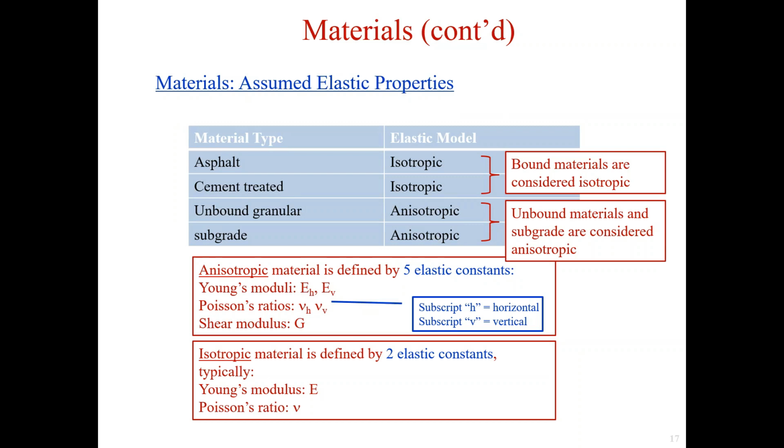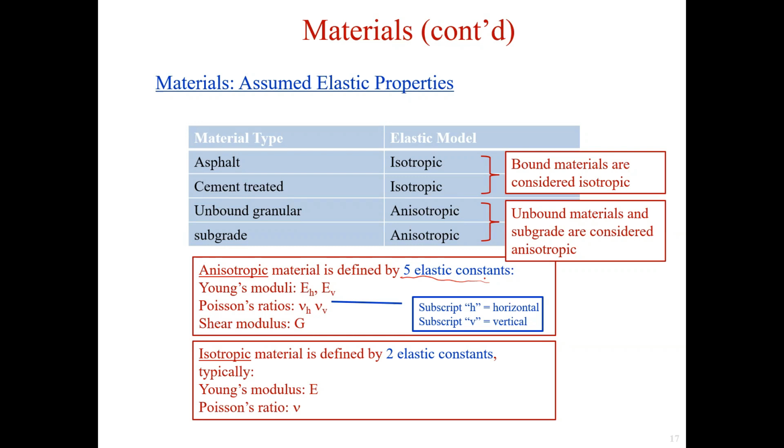The anisotropic materials are normally defined by 5 elastic constants: the Young's moduli EH and EV, the Poisson's ratios μH and μV, and shear modulus. The isotropic materials are defined by 2 elastic constants, the Young's modulus and Poisson's ratio.